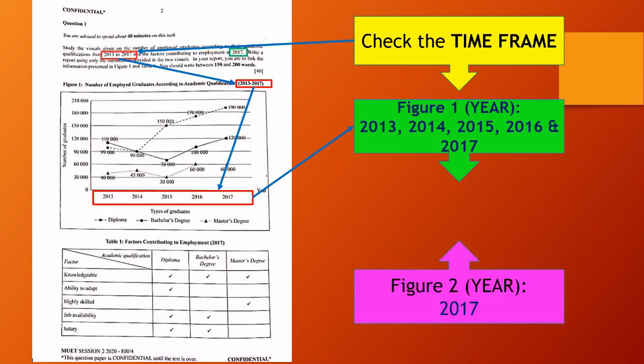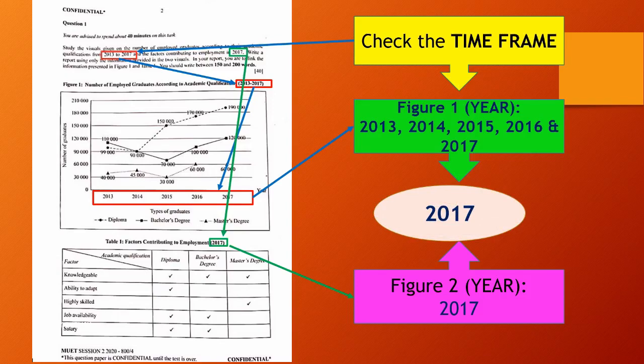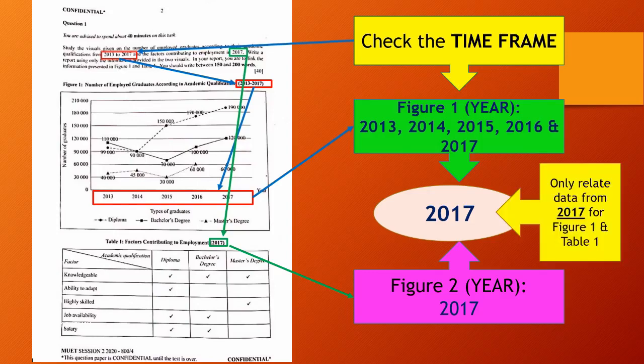As for Table 1, the year mentioned was only 2017. So the focus for Figure 2 is 2017. And the similar year that you can find between Figure 1 and Figure 2 is 2017. Therefore, you can only relate the data from 2017 for both of the figures.